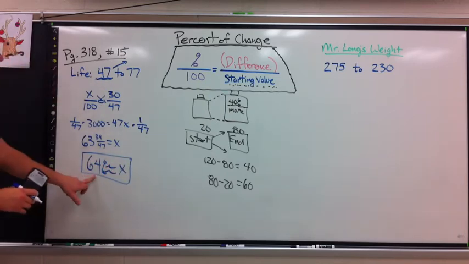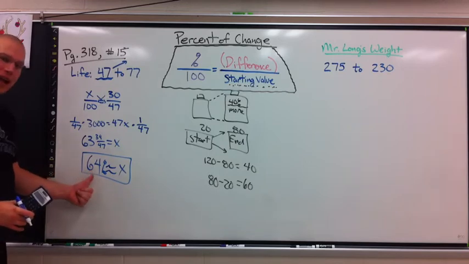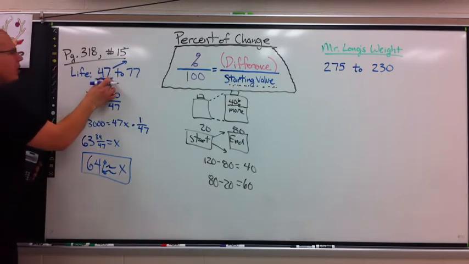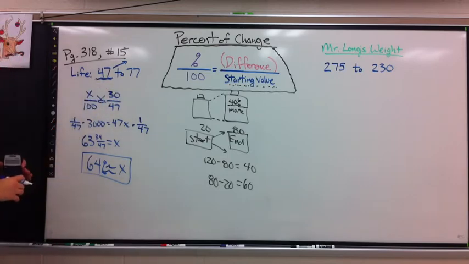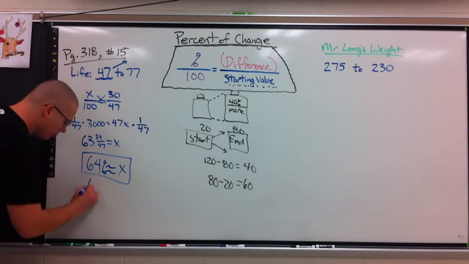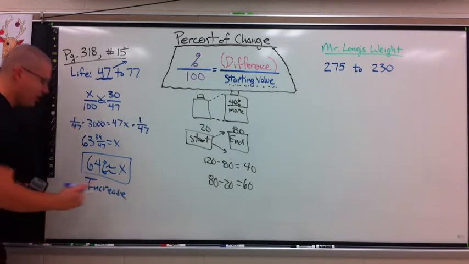So this is a 64% increase in life expectancy. That's over half. So as you look at this, you're taking half of this number, adding it on. So this has been bumped up by more than half of this original number. So I'd say that's pretty good that life has been increasing by 64%. I'm going to put the word increase here just so we're clear that it did not decrease.